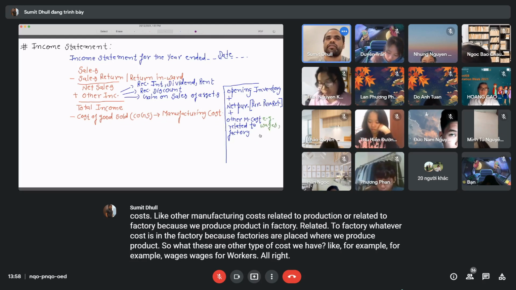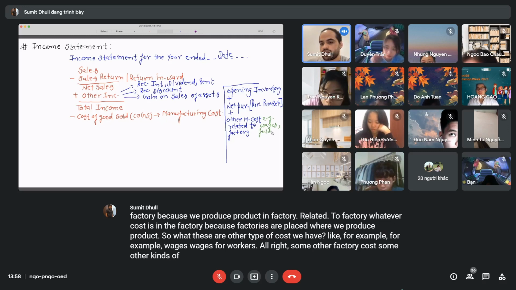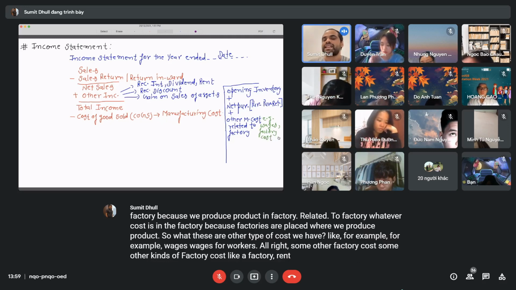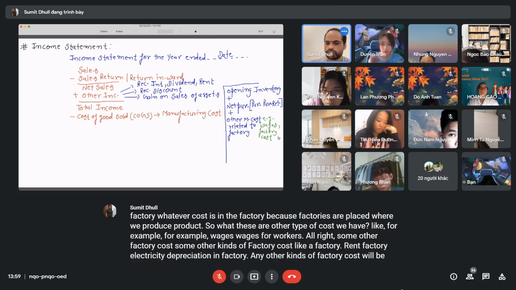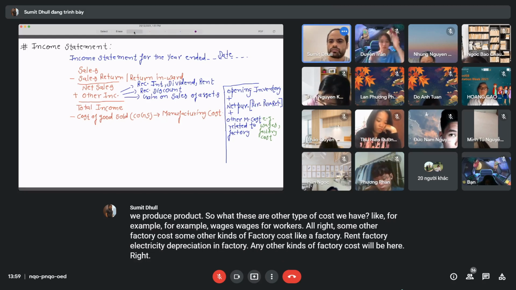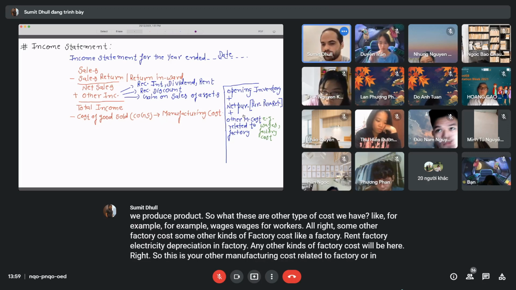Some other kinds of factory cost, such as factory rent, factory electricity, depreciation in factory, any other kinds of factory cost will be here, right? So this is your other manufacturing cost related to factory.